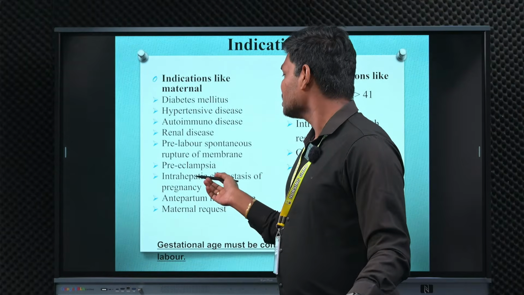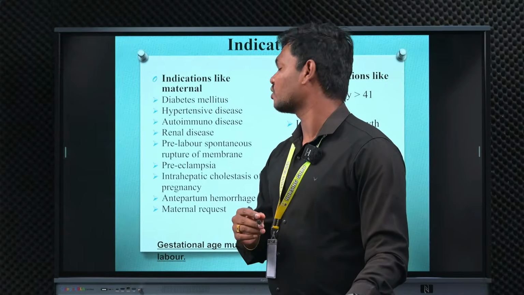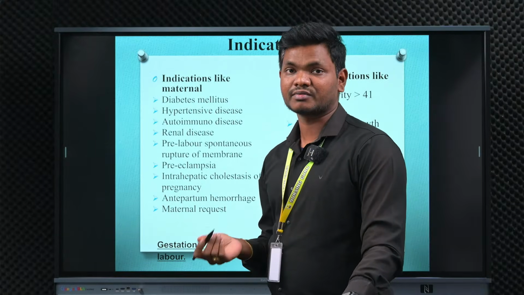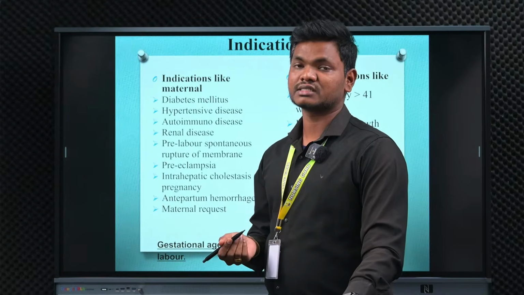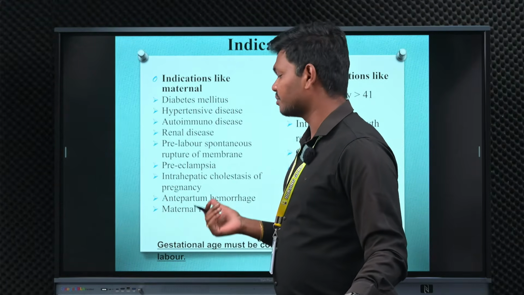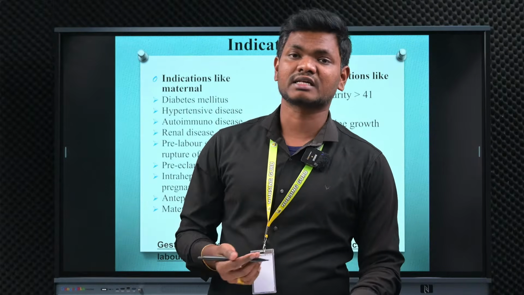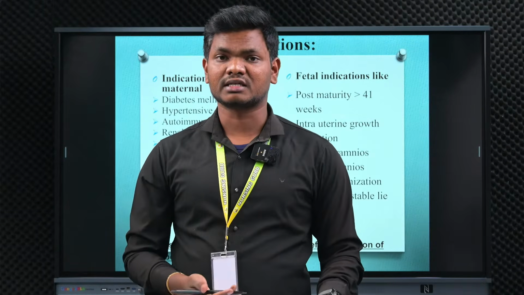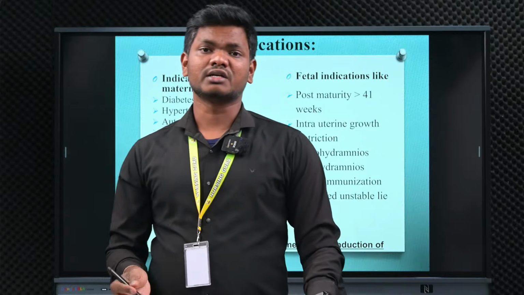Also intrahepatic cholestasis of pregnancy is one of the conditions. And maternal request, and antepartum hemorrhage, meaning the mother is having bleeding during her pregnancy, due to that also we can induce the labor.